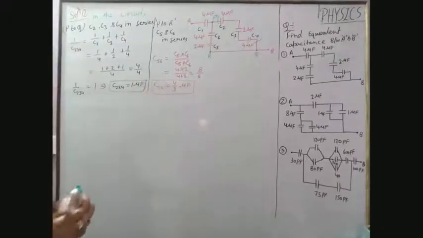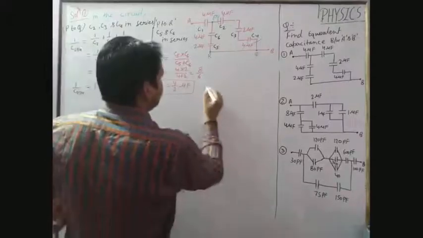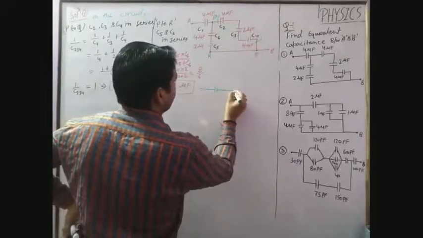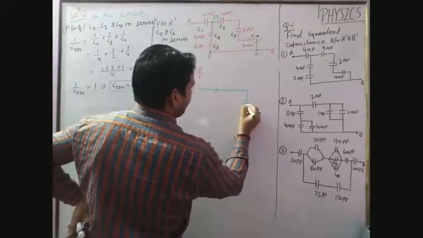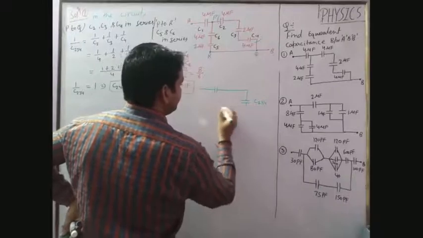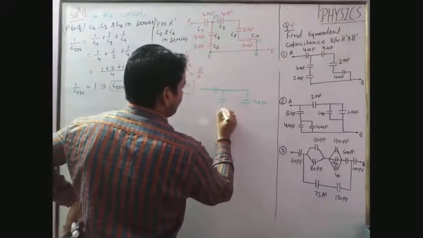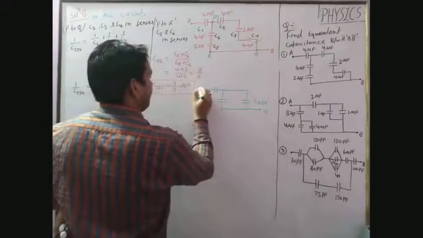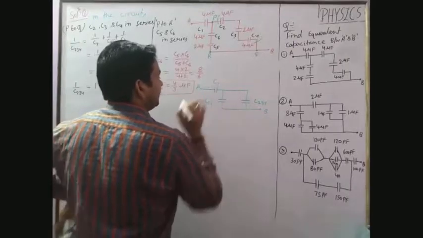Okay, after doing this, just redraw the circuit like that: C234, C56 and this is C1.